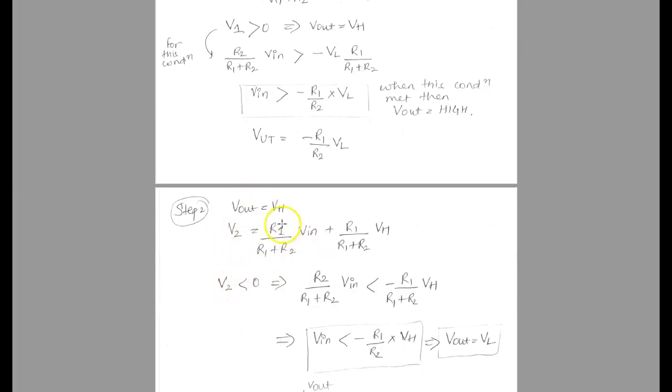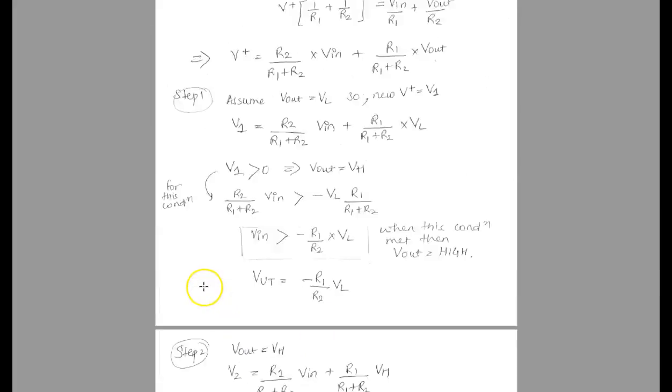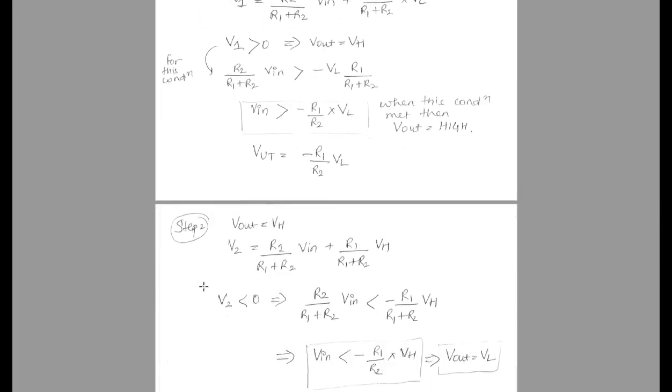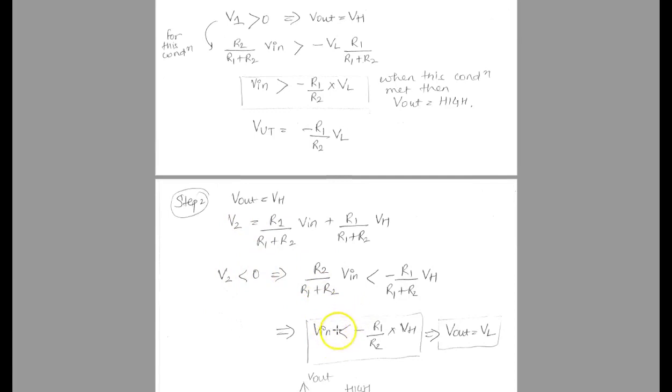When your output voltage is VH, that means your V2 will be less than 0. In that case, your V in will be less than minus R1 by R2 into VH, so the output voltage is going to VL.